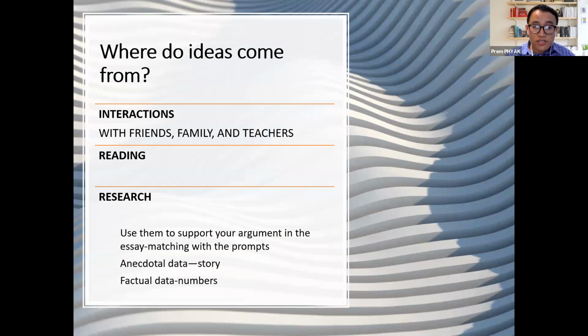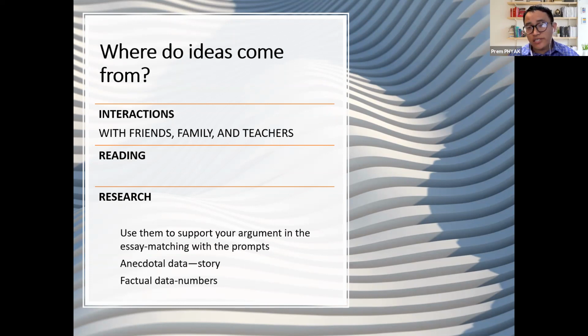Based on my own experience, one is to sort out the ideas and use them to support your arguments in the essay, basically choosing which ideas match and fit with the prompt. Sometimes you can even use those ideas in the form of an anecdote, for example, a story: I met someone in Hong Kong, or in university, or I had a conversation with my family members. It will help.